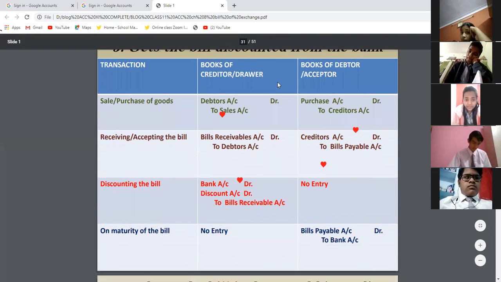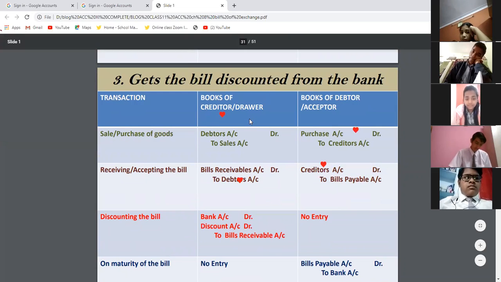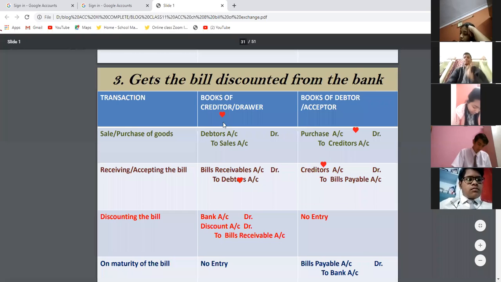Now the third case, the bill discounted from the bank. See, the drawer has the right to get early payment, so he may approach the bank. The bank will give this facility to their account holders. So the drawer goes to the bank, gives the bill, and the bank will debit the amount but charge some discount charges on the bill, and credit bills receivable. But the drawee will not pass any general entry.